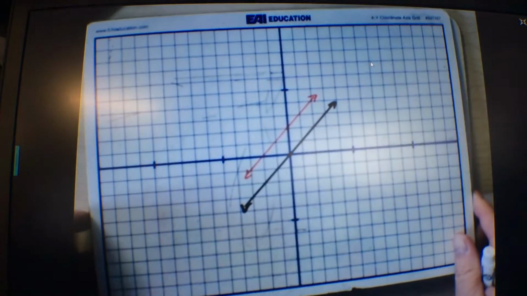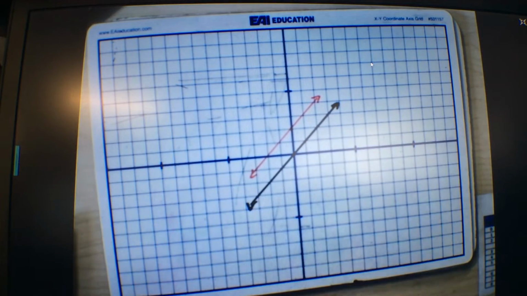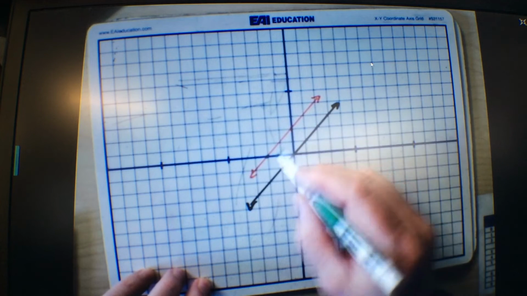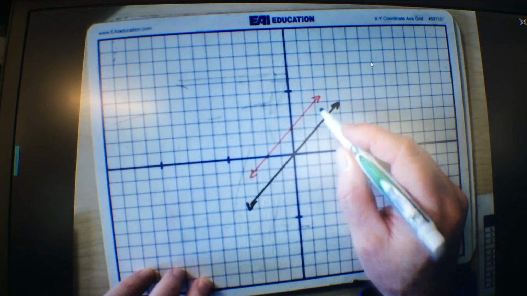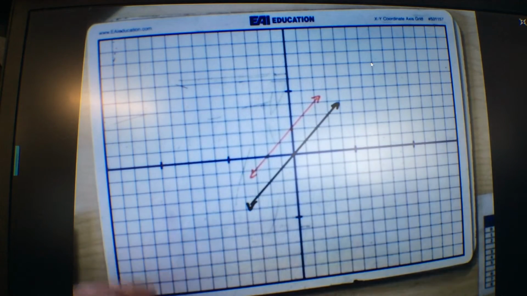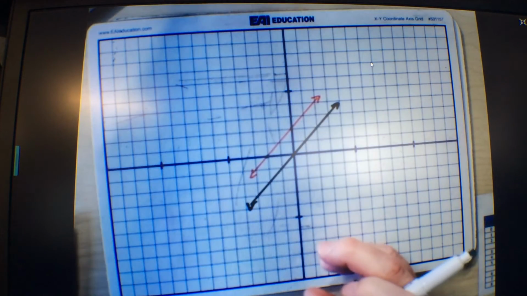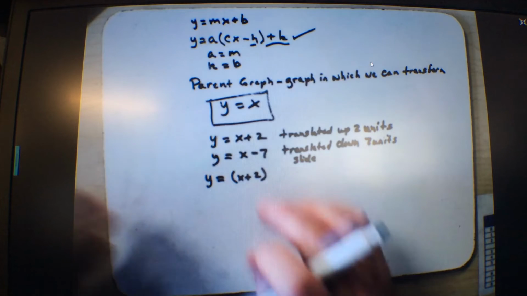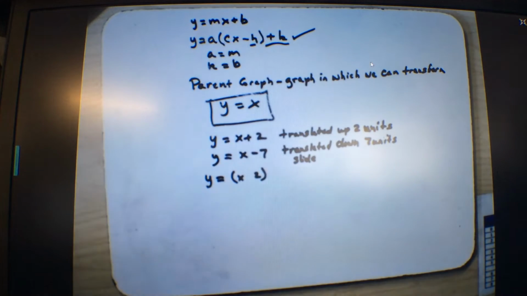See this graph right here? I'm going to move it to the left 2. 1, 2. So it actually ends up being the same, doesn't it? So this green line, because it has the same slope, let's change it so it's not on the same line. Let's change this to x minus 2.